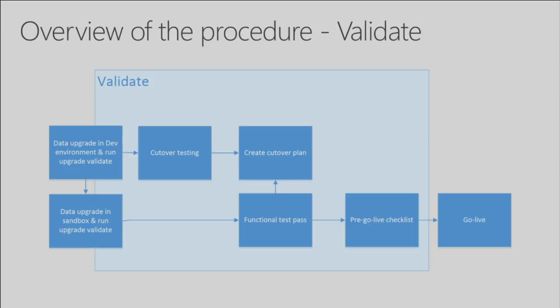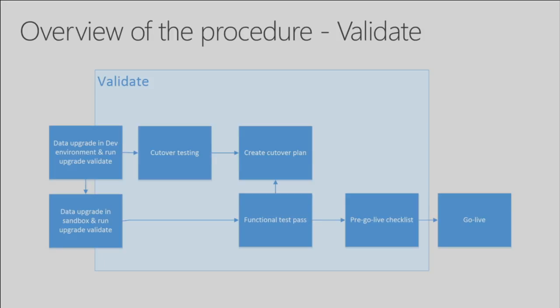During the cutover period, the legacy system is frozen or it's down. That's why it is very important to have cutover testing, and at the end to create a cutover plan that will make sure you have tested the whole process end to end, and you can predict downtime, and make sure you have as minimal downtime as possible.